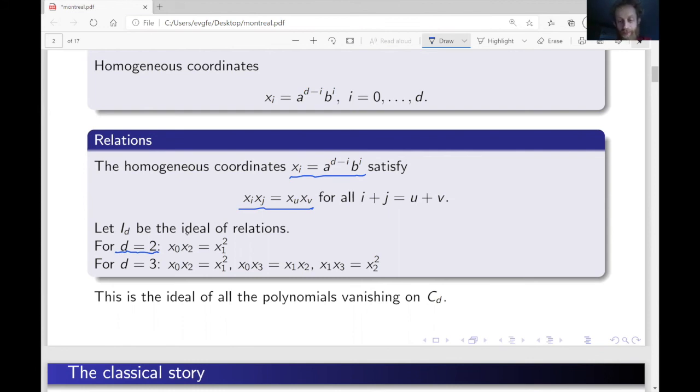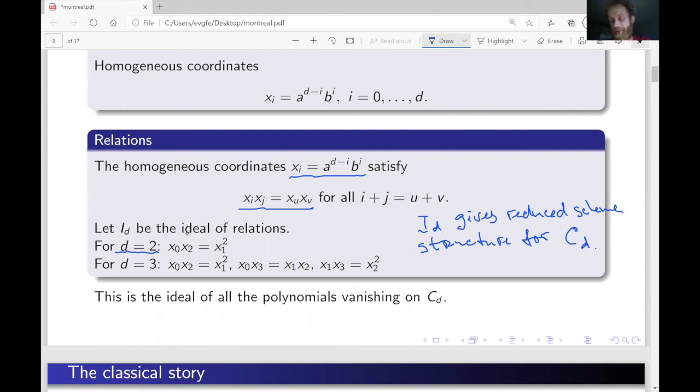So this can be restated in a more scientific way, saying that this ideal gives the reduced scheme structure for the Veronese curve in C^D.